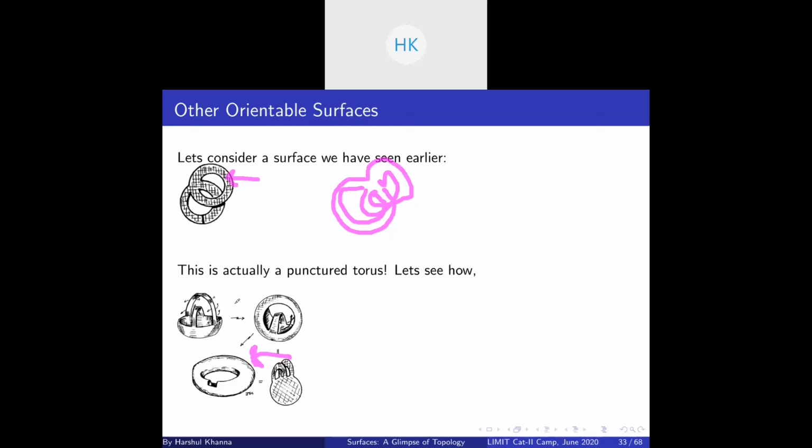So you can see how these two are the same. Basically just remove this part, just smoothly reduce this part, and you'll get the upper one, and then from there this homeomorphism should be clear.